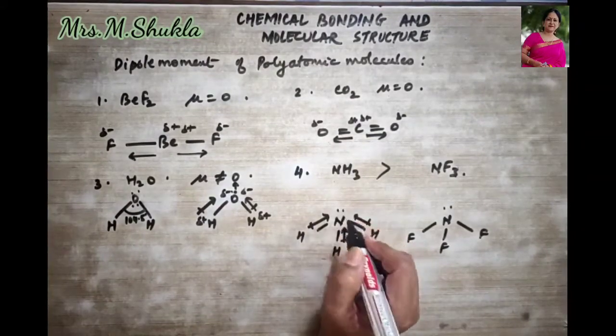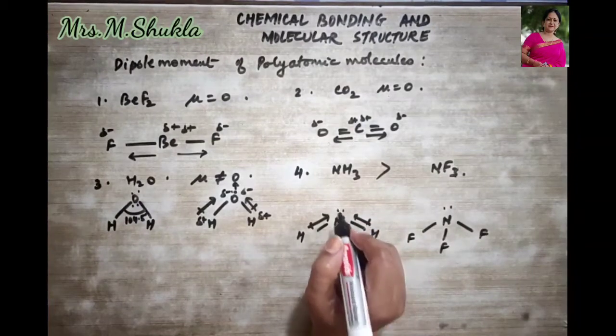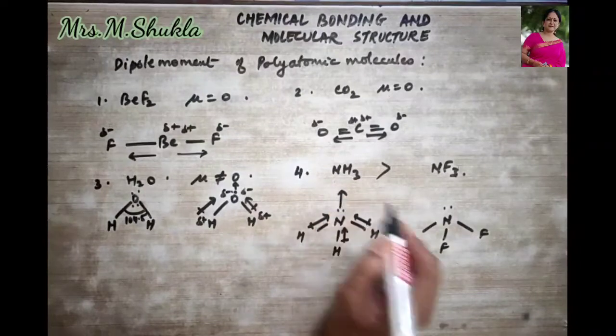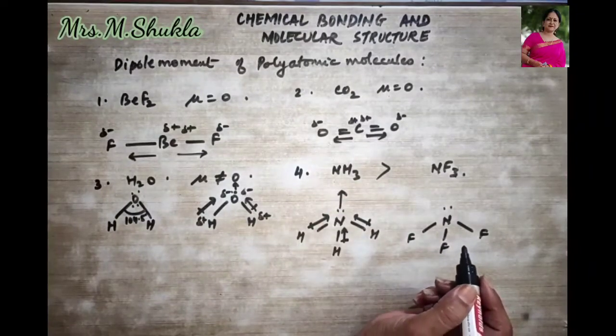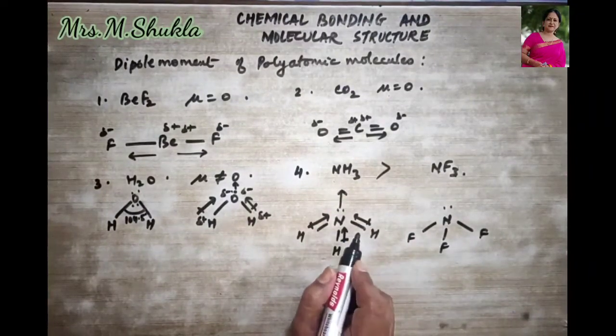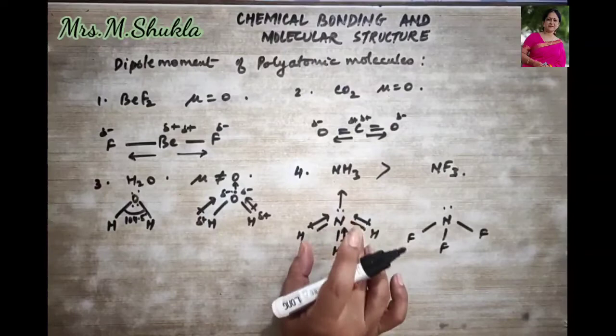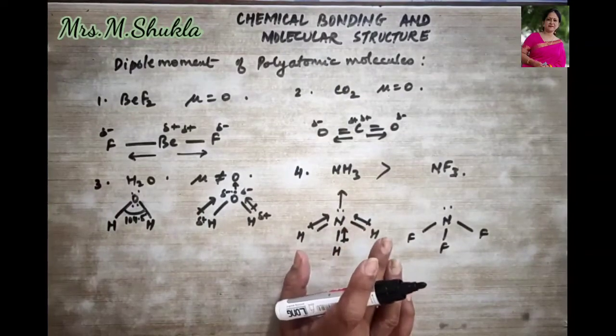And the direction of the movement due to the lone pair of electrons on the atom moves upward, right? So over here we find that there is a resultant dipole moment, which is not equal to 0 over here, right?